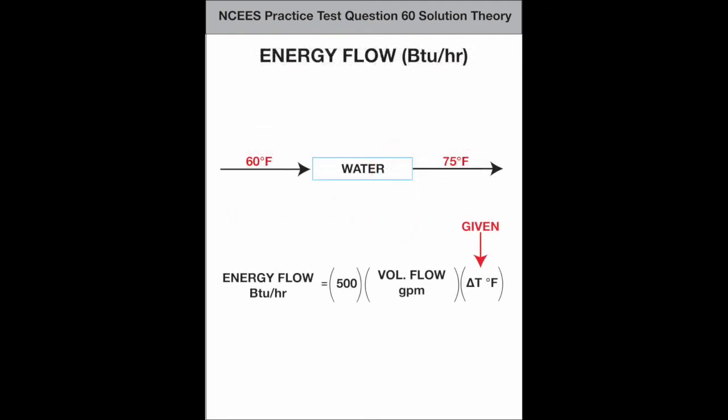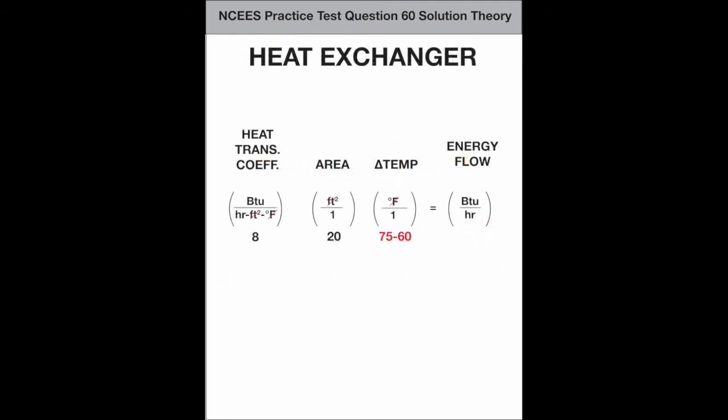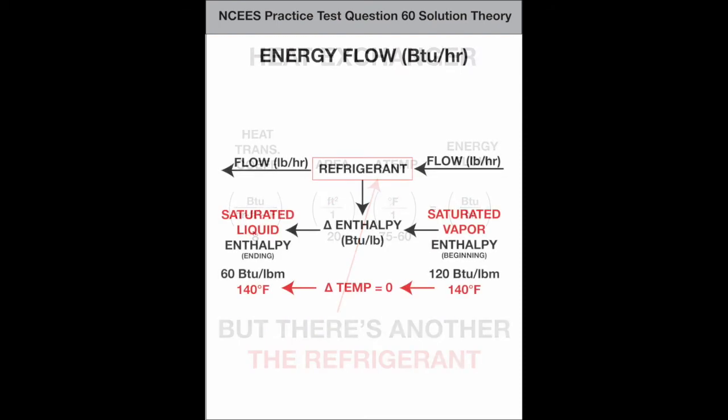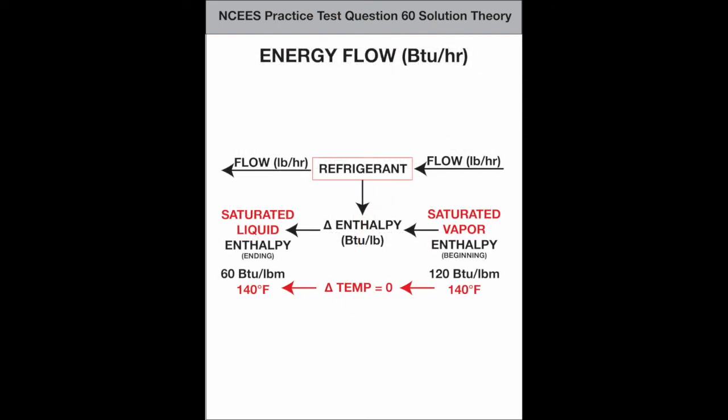In the water, right? It's tempting to use 75 minus 60 for the temperature value and solve. But there's another temperature given in the question, the refrigerant temperature. And there's technically a temperature delta for the refrigerant. It's 0. But there's still a beginning and ending temperature value.